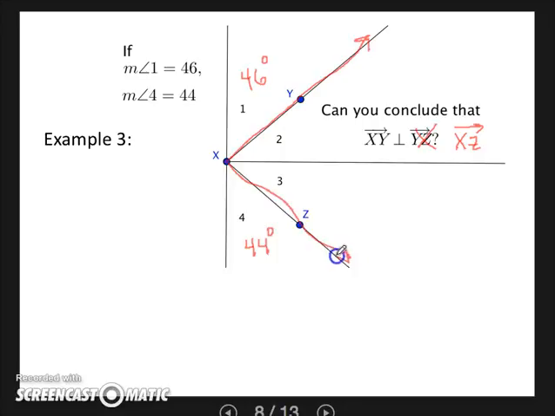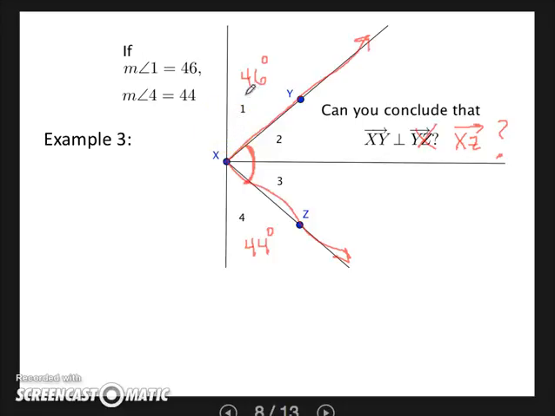Can we conclude that those two are perpendicular? Well, we're definitely not given a right angle sign, so we can't conclude that just by looking. We do have a straight line here, so we might be able to employ what we know about linear triples, the word that we invented in class.